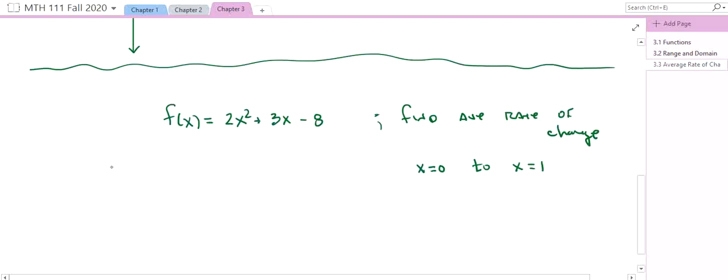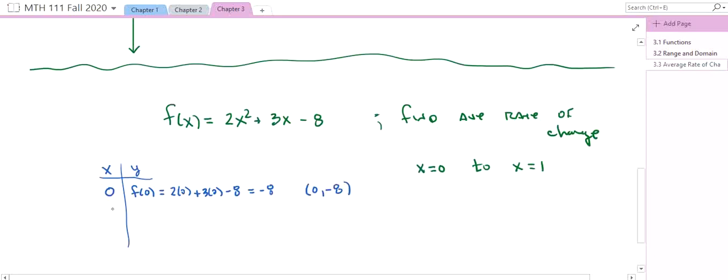So let's look at it this way. If we have the x value in our point, we need our y value. So if we have 0 as one of our x values, our y value is f of 0 equals 2 times 0 squared plus 3 times 0 minus 8 equals minus 8. So that's the point pair 0, minus 8.